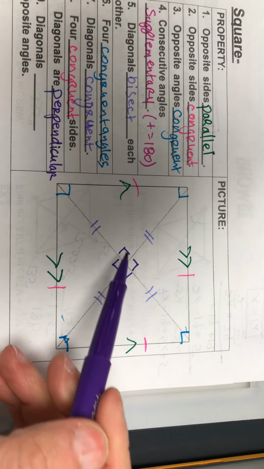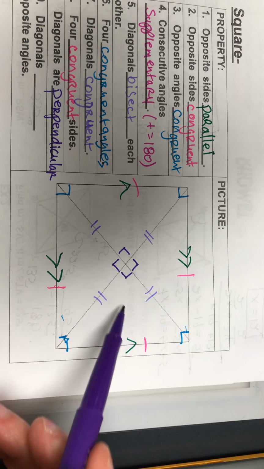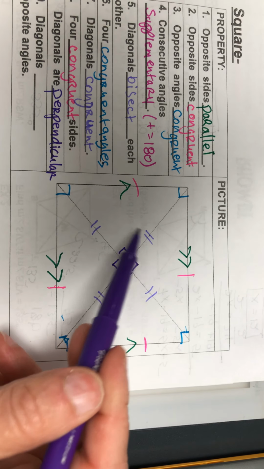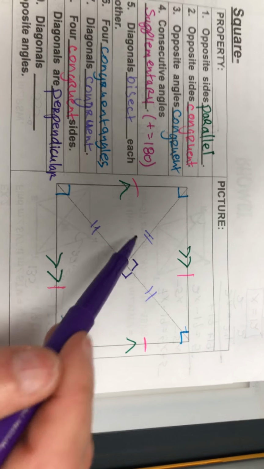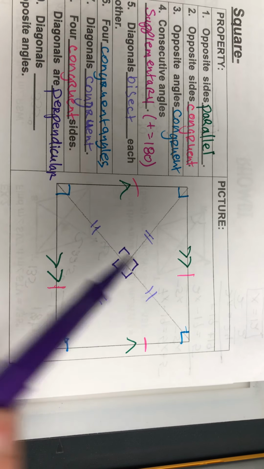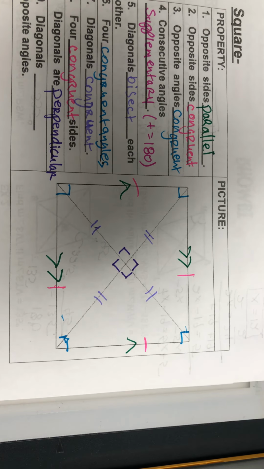So notice these are right triangles. The legs are congruent. These are isosceles right triangles. The diagonals bisect opposite angles.